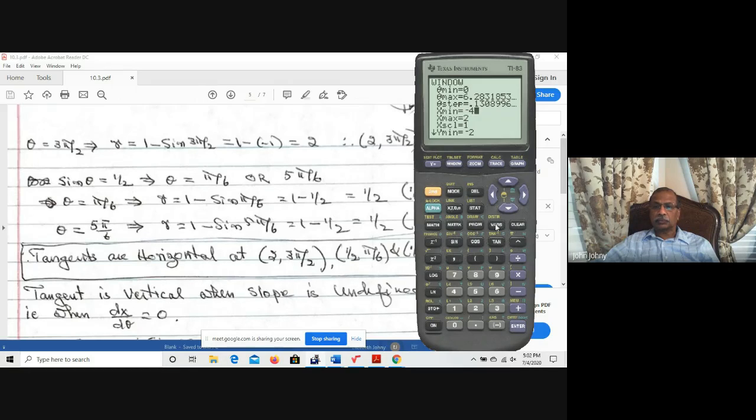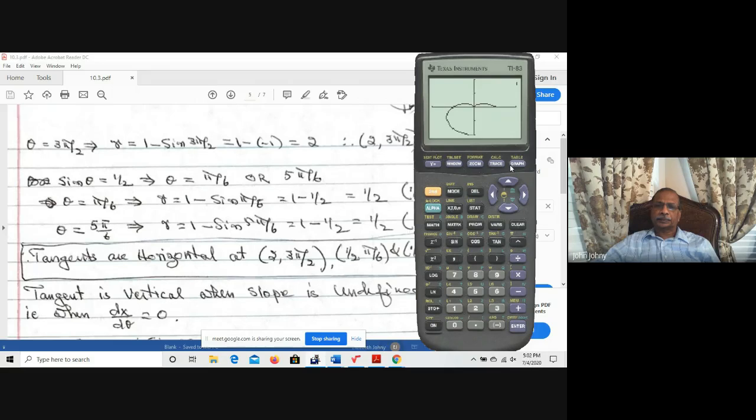Let us use negative 4 to 4 for y. See, let us change it so that it is very visible. We will change it to negative 2 to 2, negative 2 to 2, negative 2 to 2.